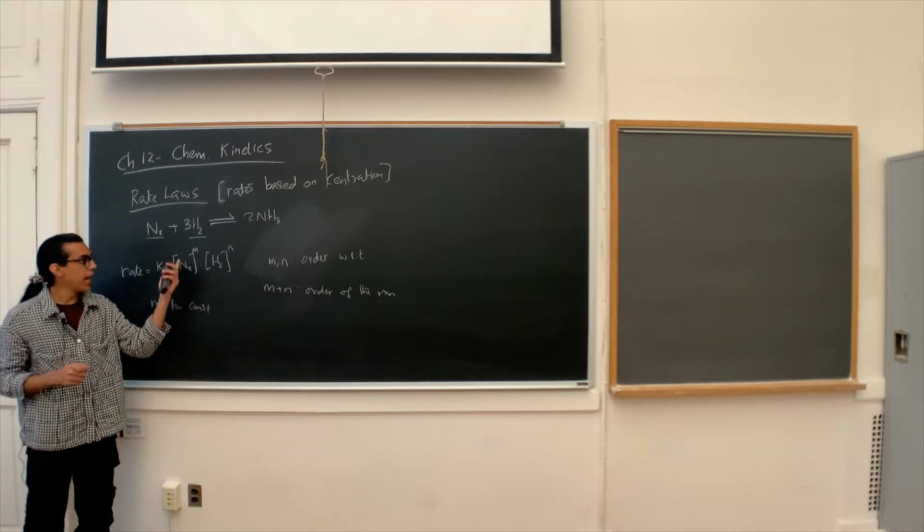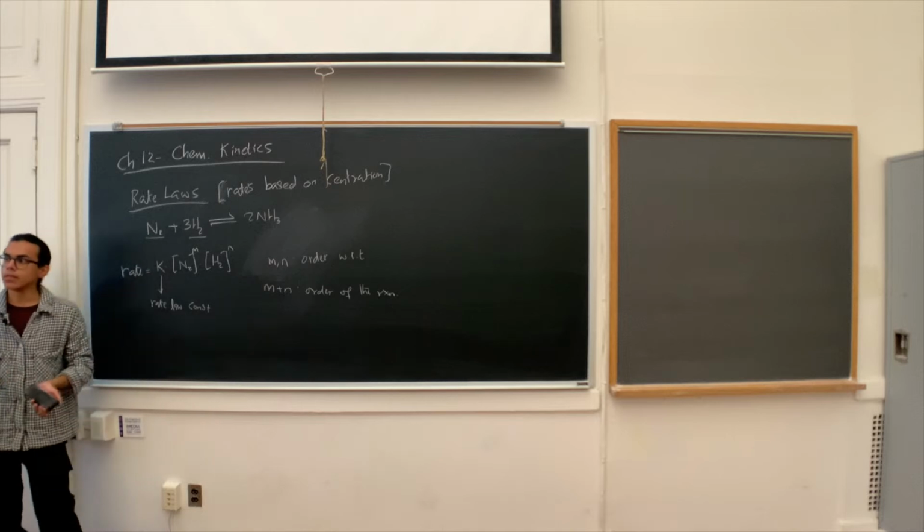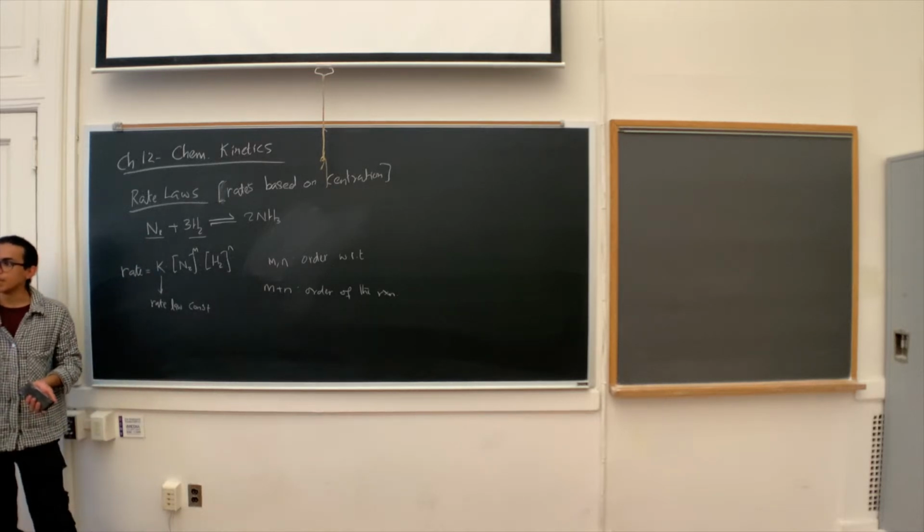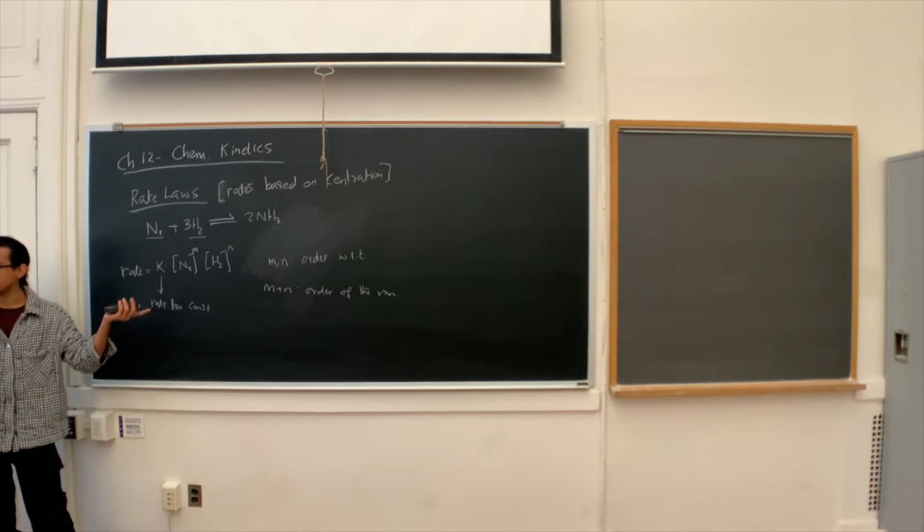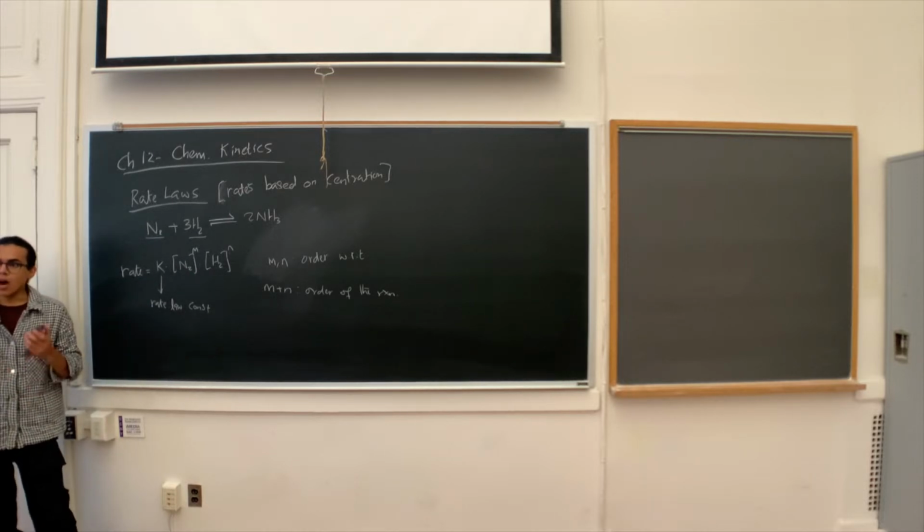Okay? m and n here reflect the relative sensitivity of the reaction to these two reactants. Not all reactions are equally sensitive to each of the reactants that are present, right? So reactions are sometimes asymmetric.